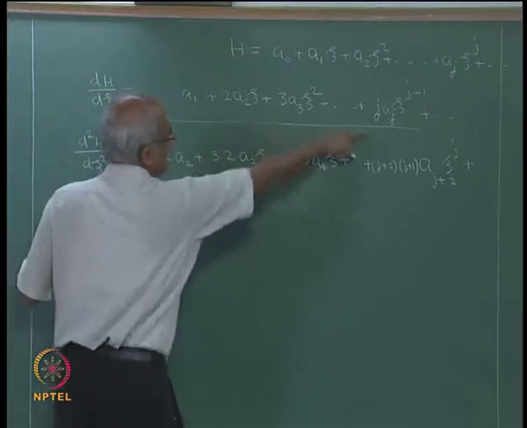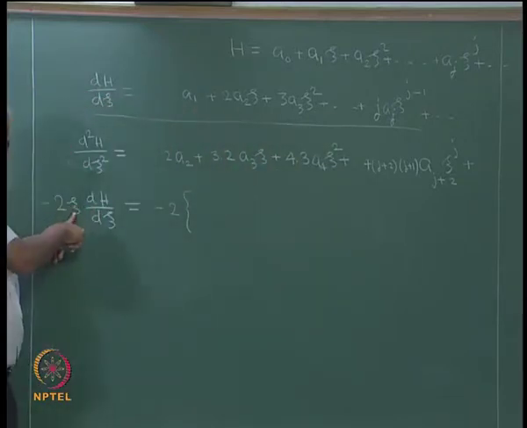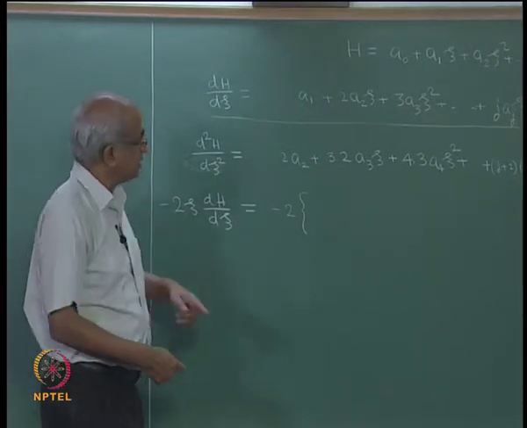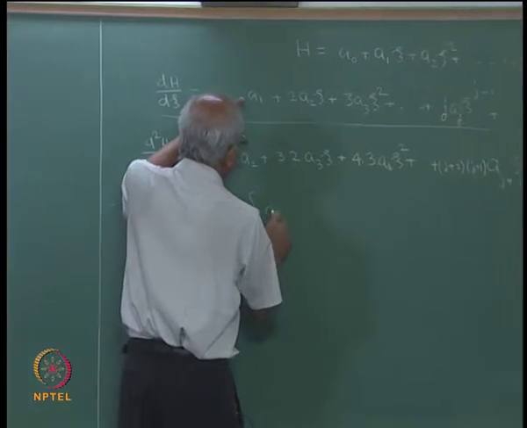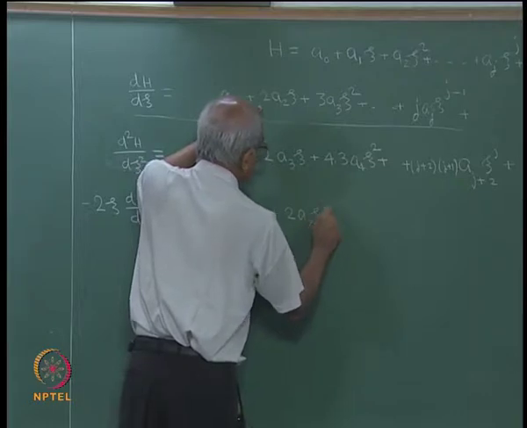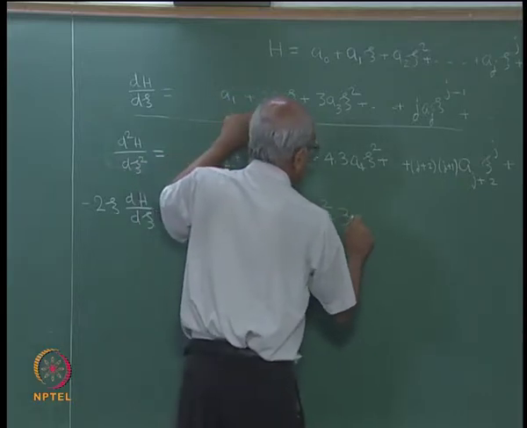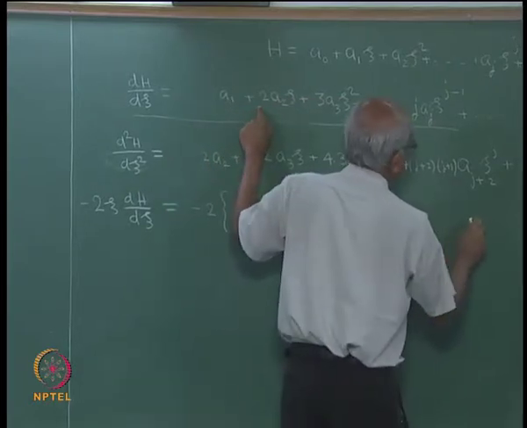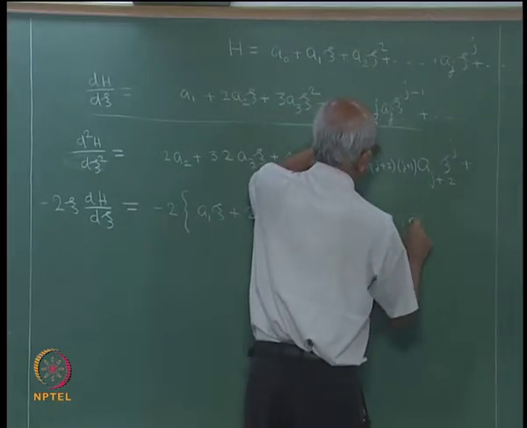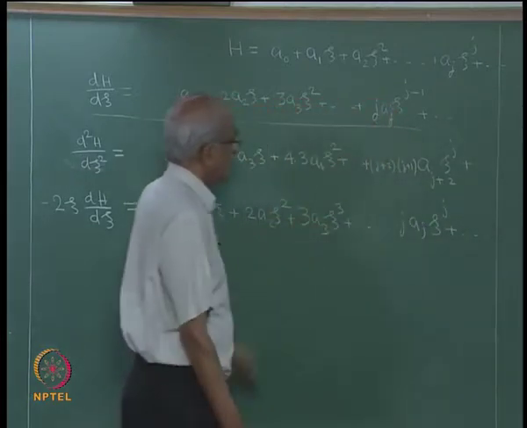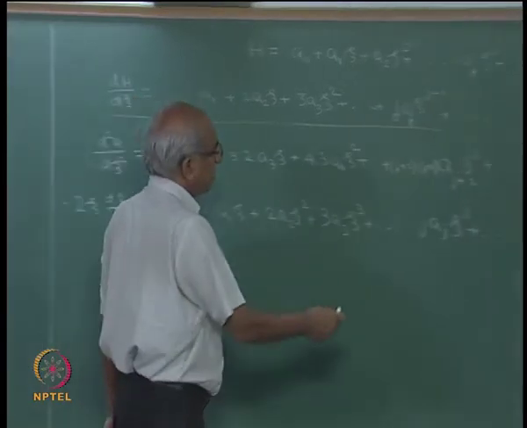I have to multiply this expression by minus 2c, but minus 2 I am going to leave as a common factor, and c I am going to take inside. So, the first term that I will get will be a1c, next term will be 2a2 c square, 3a3 c cube plus etc., and this term will actually give me j aj c to the power of j plus etc., and I have to close the bracket.